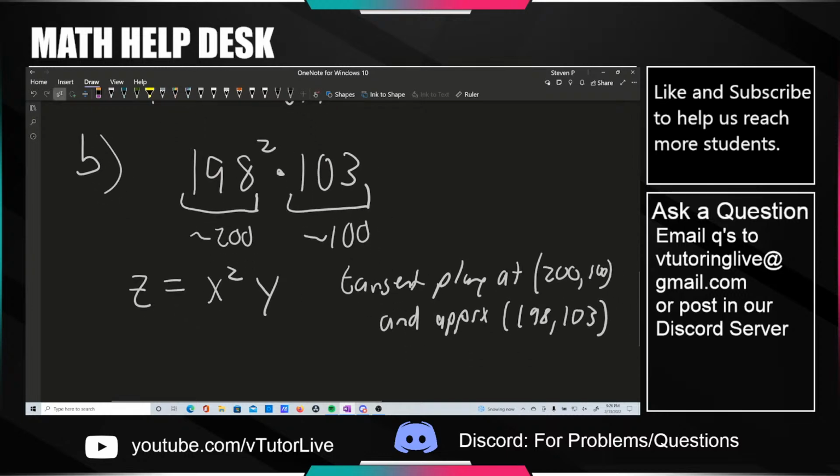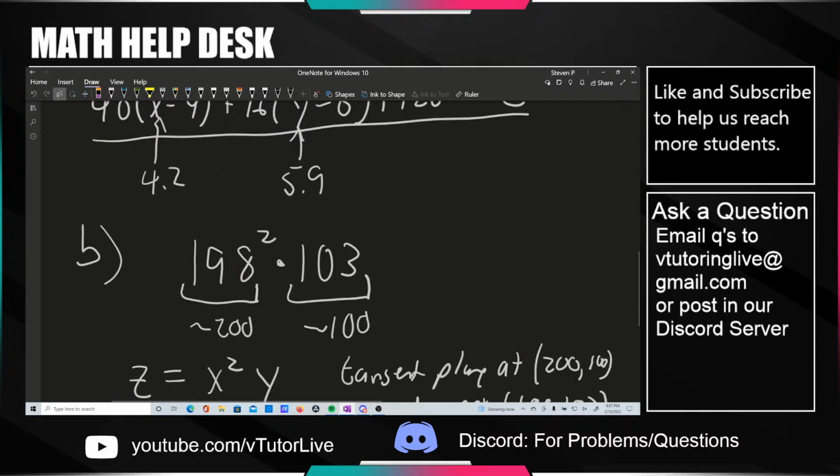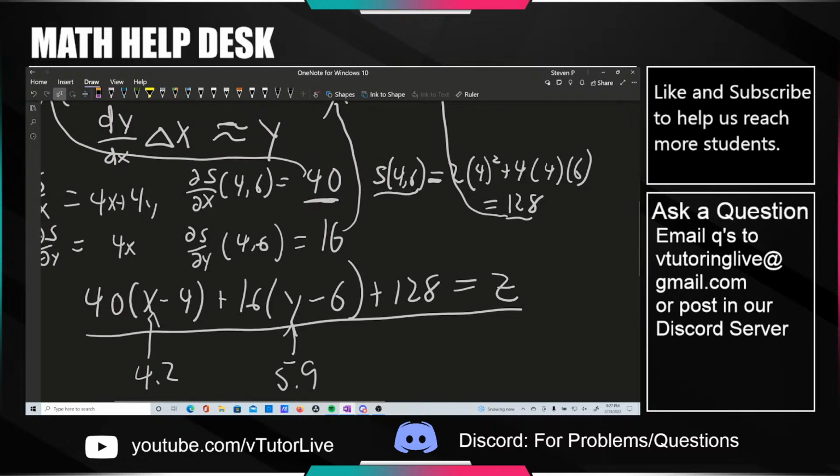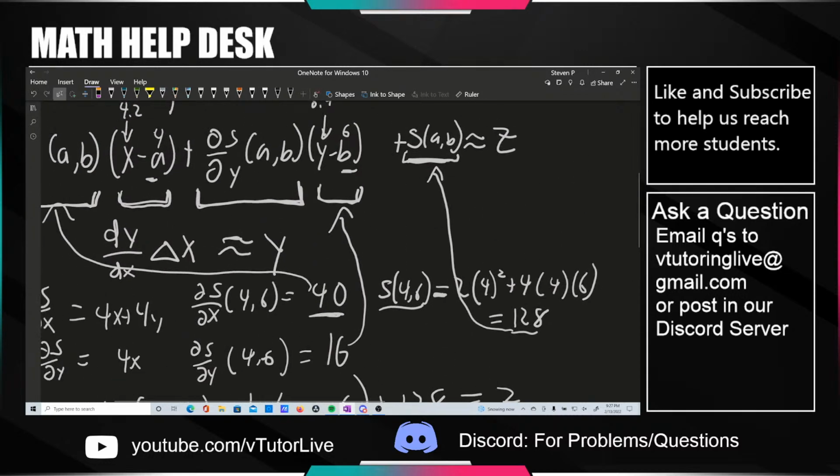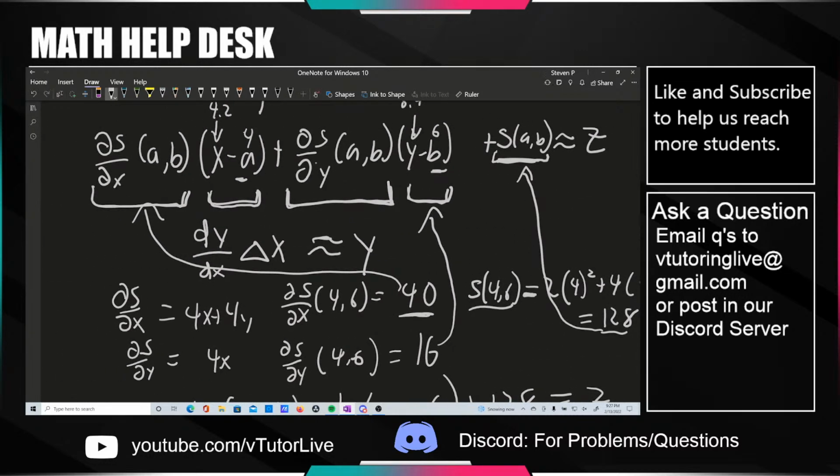The steps for the problem are literally identical to the previous part, so I don't know if it's necessarily worth going through to do it again. You're just doing the exact same thing with finding ds dx, ds dy, and s of a, b.